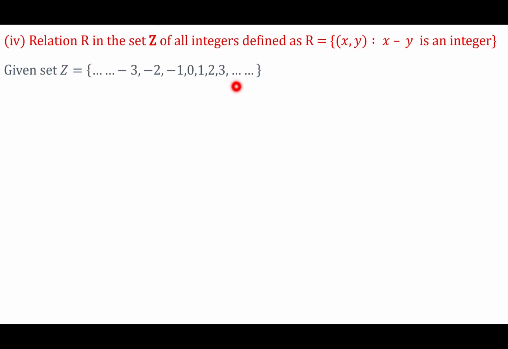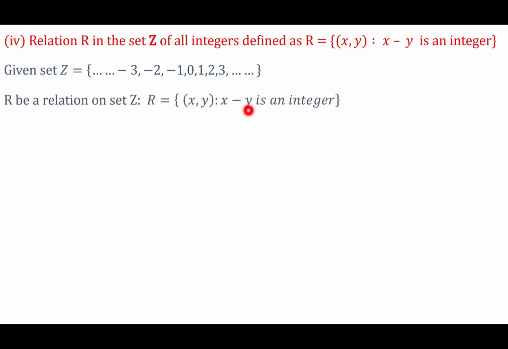Integers means all negative and positive numbers, which is defined as set Z, and relation R is defined on set Z. So R equals (x, y) such that x minus y is an integer. This is in set builder form. I cannot write this one in roster form, because the set of all integers cannot be written in roster form.